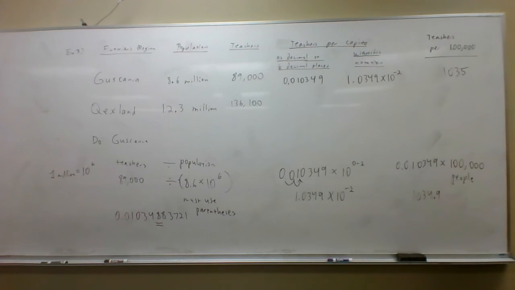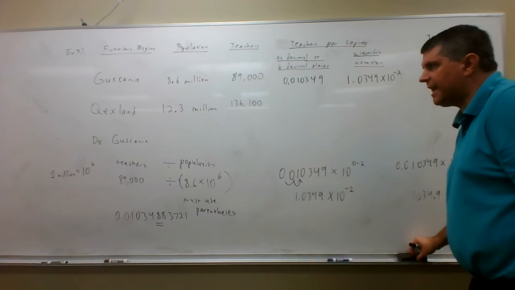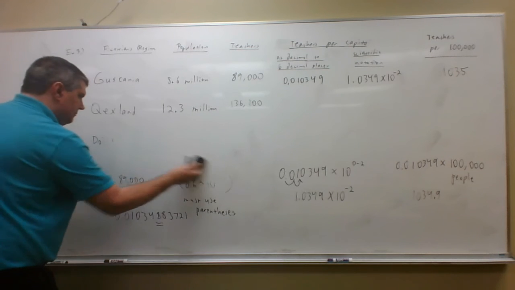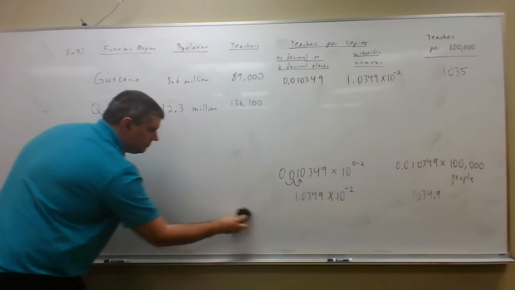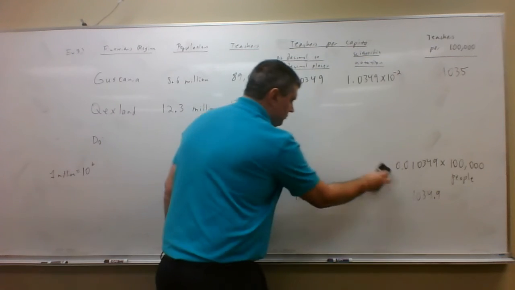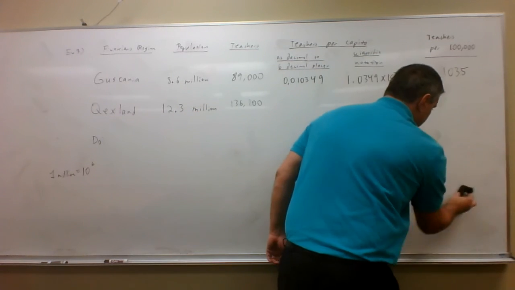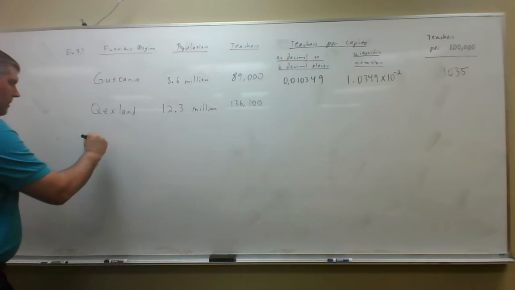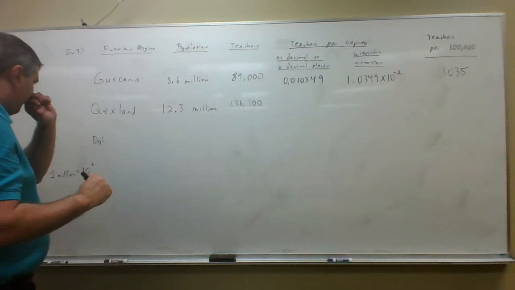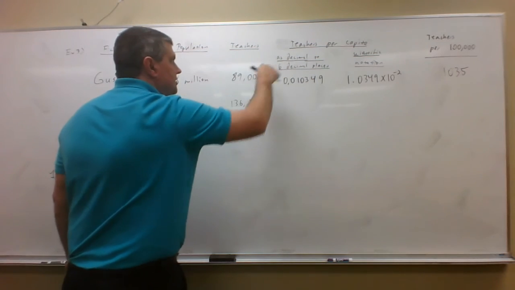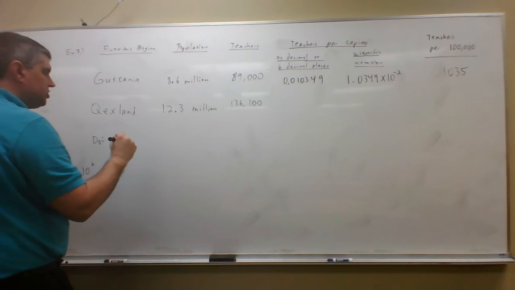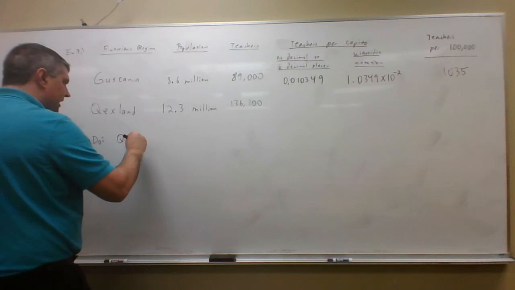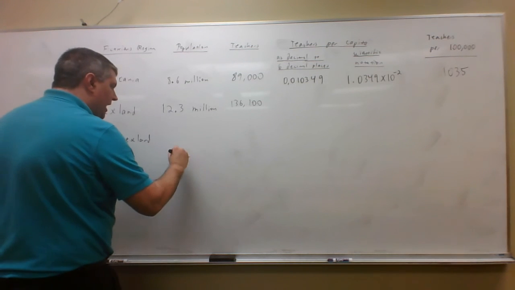We're going to repeat the process for Queensland. I'm going to start from the beginning. It's teachers per capita as a decimal to 6 decimal places. Queensland is next, and you are always dividing by the total population.